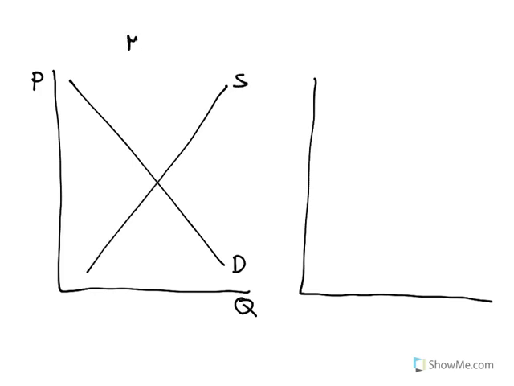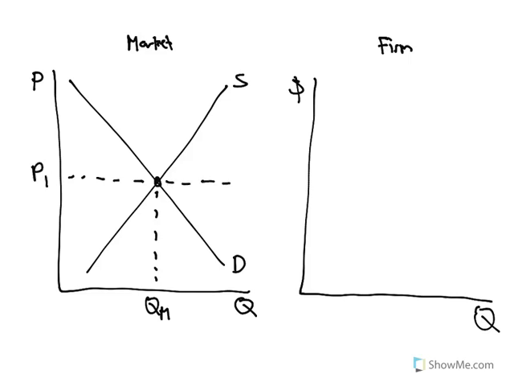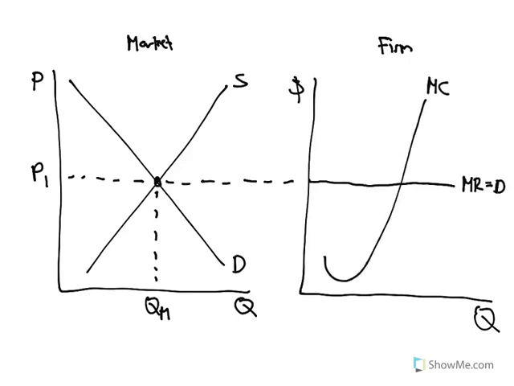And I know I don't always do a good job of remembering to write market and firm, so there you go. And then quantity and dollar sign over here. So again, as your skills develop in doing this, it does get easier to do very quickly. That's kind of a test. If you can do this pretty quickly, then you've drawn it enough times. If you have to really think about it, then maybe draw it a few more times.